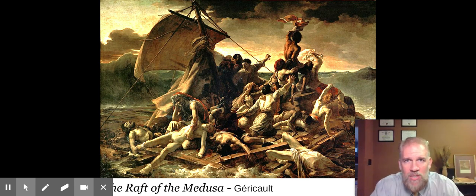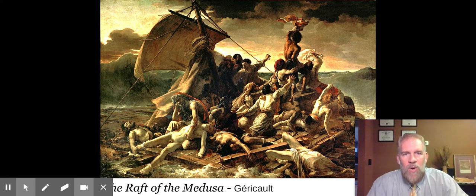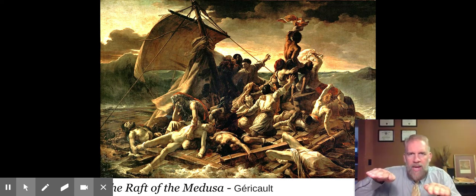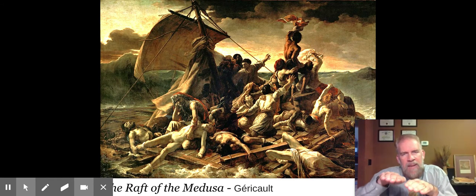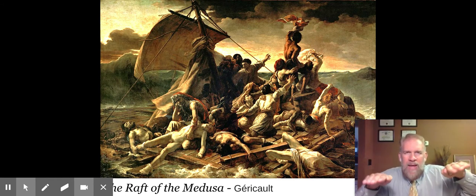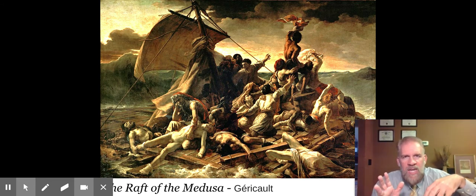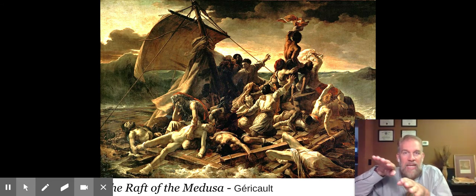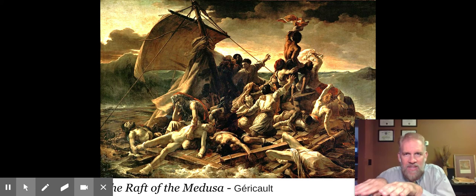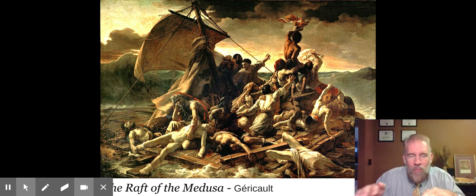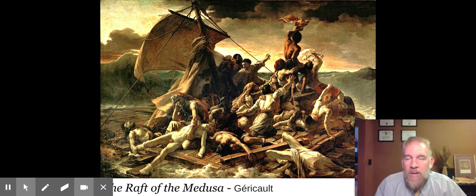There are sharks in the water, and when the waves would move, the timbers would sort of open and close, and people would fall through the timbers, and their legs would snap as the timbers move back and forth. It was dire. These people figure, we're going to die.